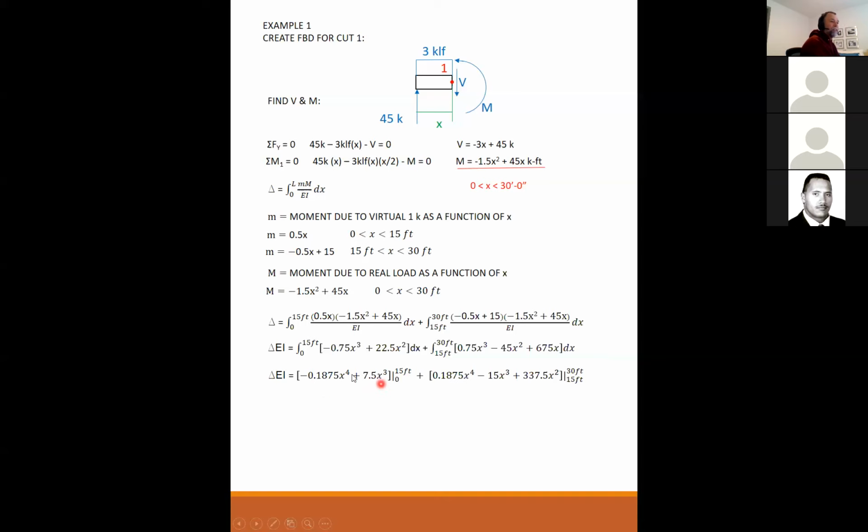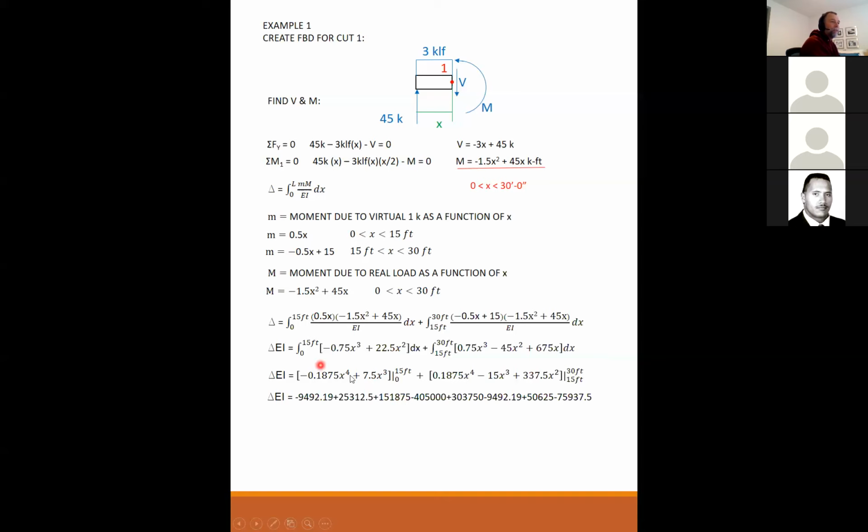Now, this part here is the more laborious part where you have to evaluate each one of these at 15 minus each one of these at 0, each one of these at 30 minus each one of these at 15, which is what this is. So these are each one of your terms.